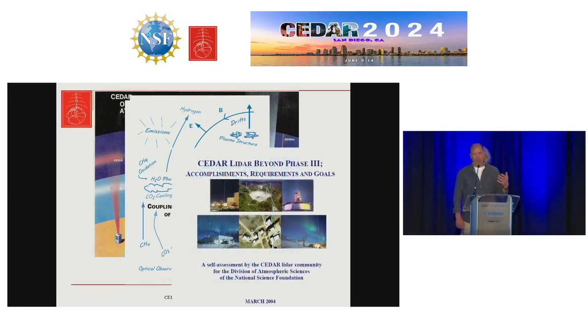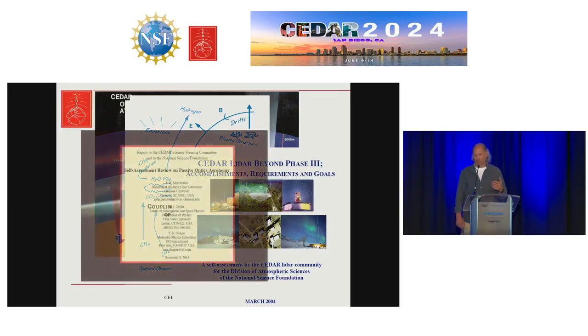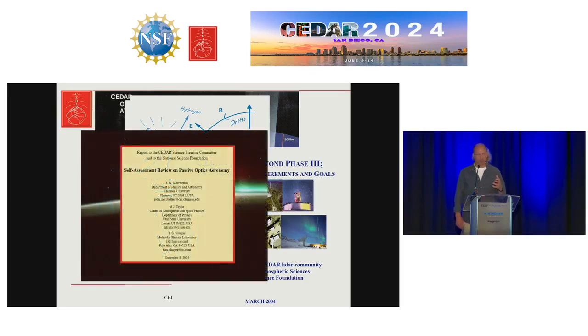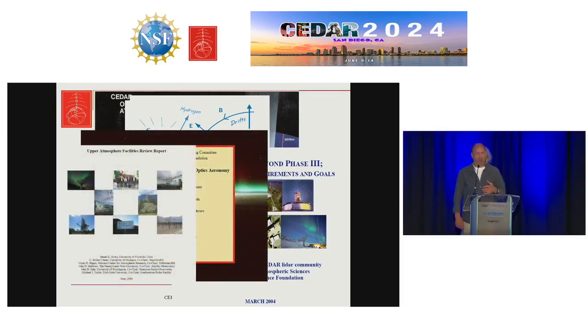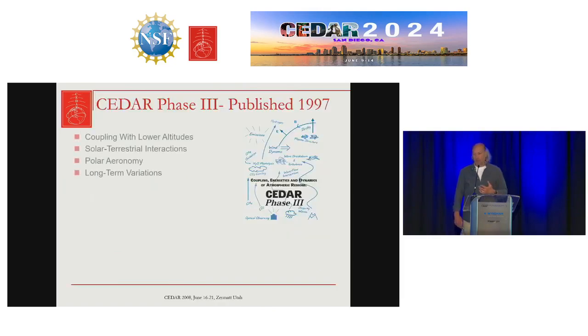We did a lidar Beyond Phase 3 report. There was a report for self-assessment of the passive optical aeronomy. There was a ground-based upper atmospheric facilities document for the incoherent scatter radar community. And so, as you can see, we go through a lot of, as I mentioned yesterday, planning is everything, and that was a demonstration of that.